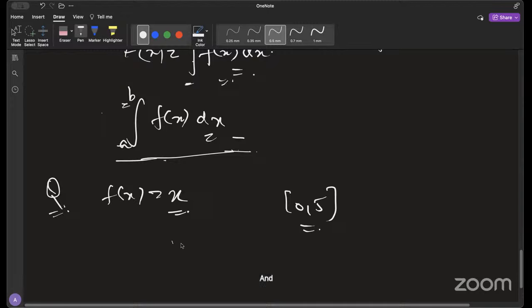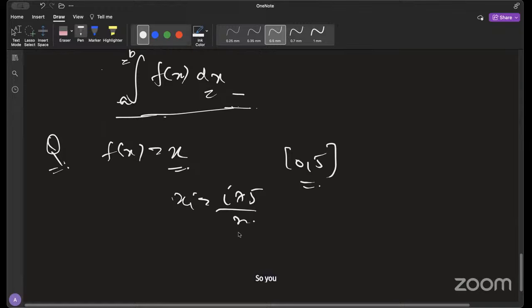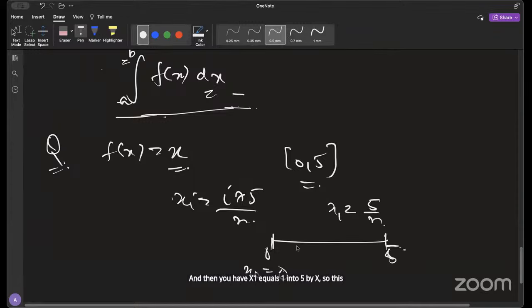And your xi is given to be i into 5 by n. So you keep the n as is. Let's say you're dividing 0 to 5 into n parts. Your first x0 will be 0. And then you have x1 equals 1 into 5 by n, so this will be 5 by n.